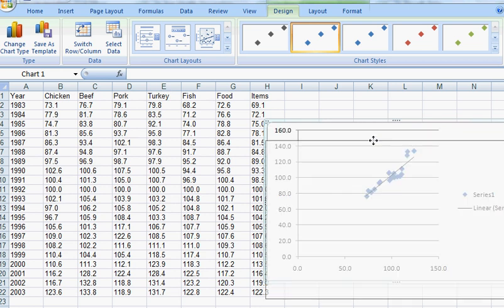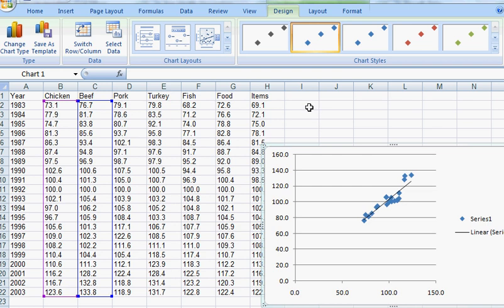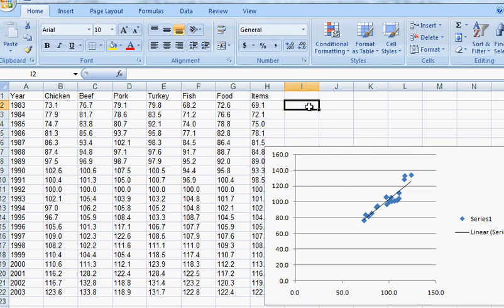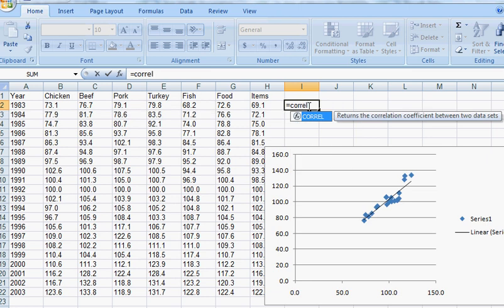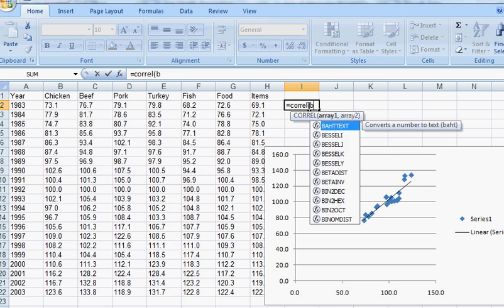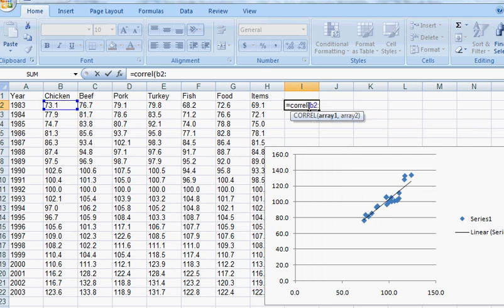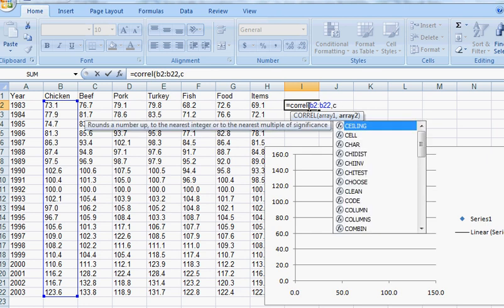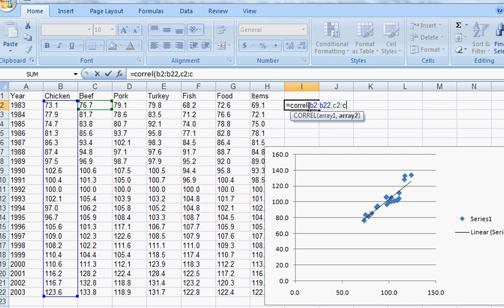To work out the actual correlation coefficient, or R, the command is equals CORREL, and then the first array of data, so that goes from B2, because that's the top of the column where we had the chicken, and then down to B22, comma, and we compared it to beef, so that should go from C2 to C22.